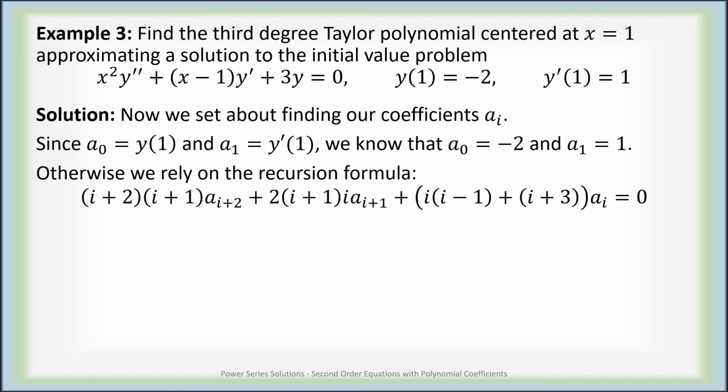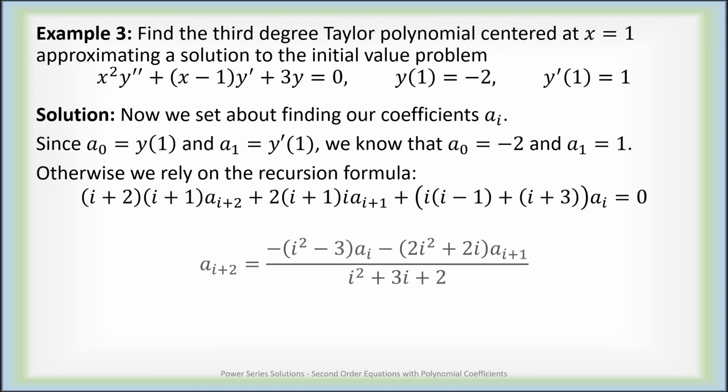Now, in example 2, we took this recursion formula and used it directly. Often, what you'll want to do is solve for the largest index term. The largest index term is a sub i plus 2. Solving for that will involve throwing all of these terms to the other side, which is where these minus signs come from, and dividing by i plus 2 times i plus 1, which expands out as such.